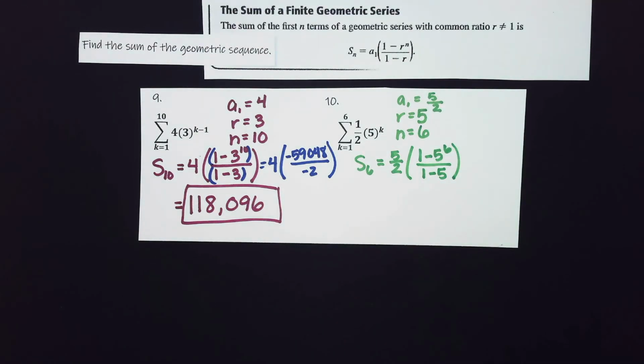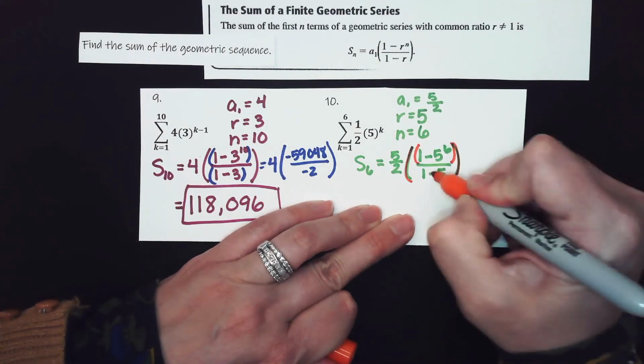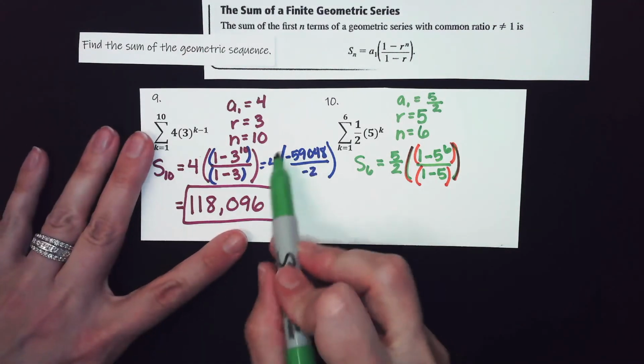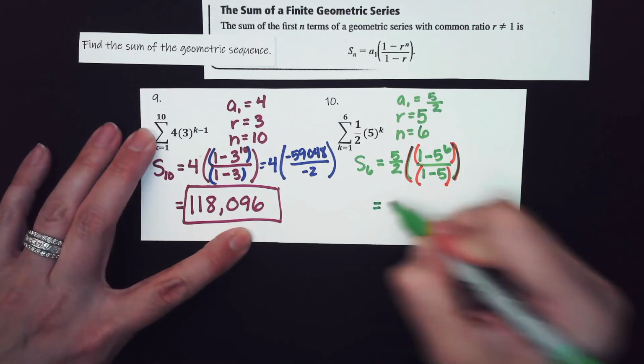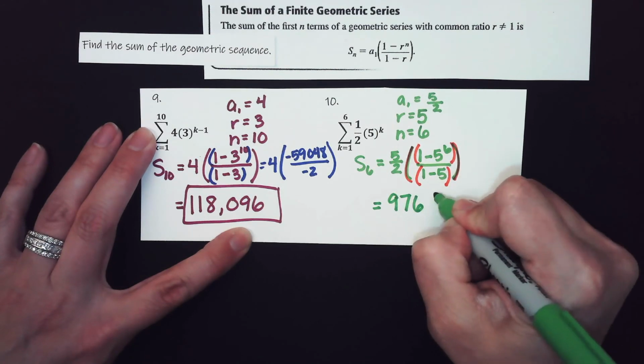Okay, again, if you're going to plug this in, be careful with your parentheses, but you can do it. You just need to make sure to put a parentheses here, a parentheses there, and a parentheses there, or separate it out like I did on this one, but you will get that the sum of the first 6 terms is 9,765.